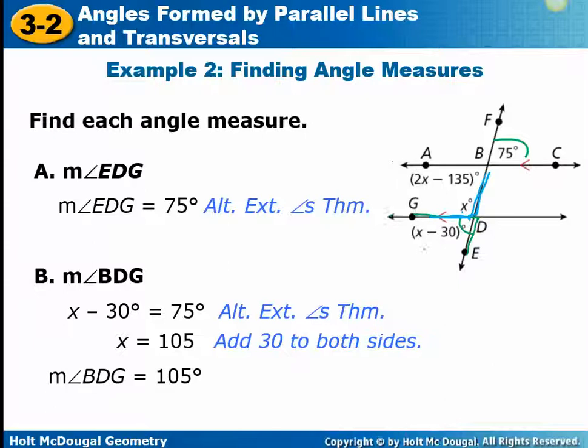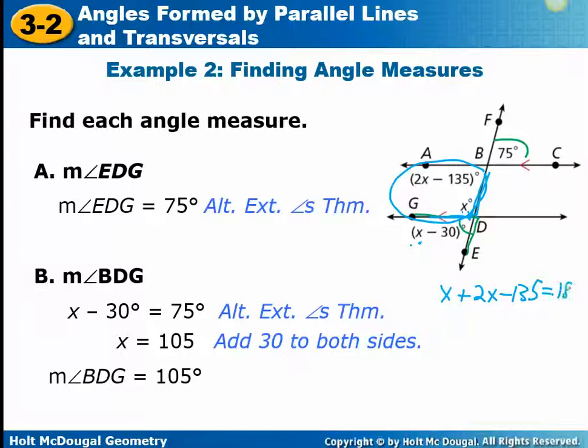And this x and this x are the same. Every time they use a variable in a problem like this, all the x's are the same thing. They would have to use a different variable if they wanted it to have a different value. You could also have solved this one, letter B, by adding these two together to get to 180 because they are supplementary.